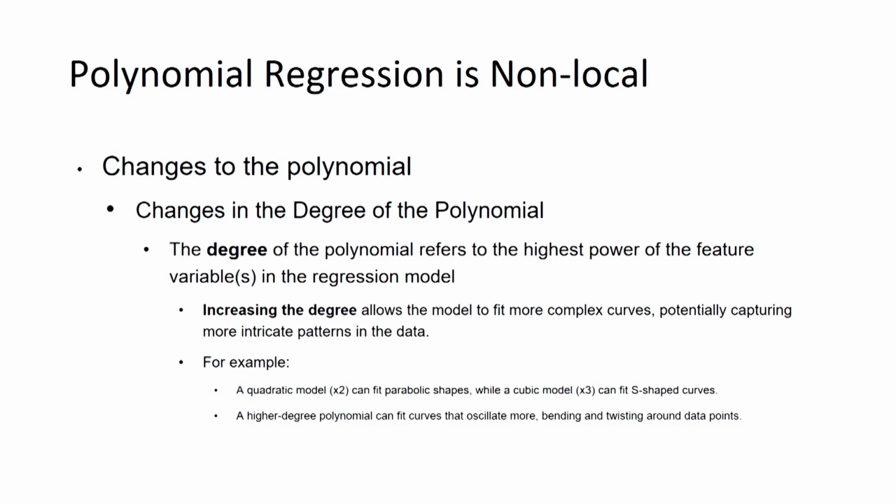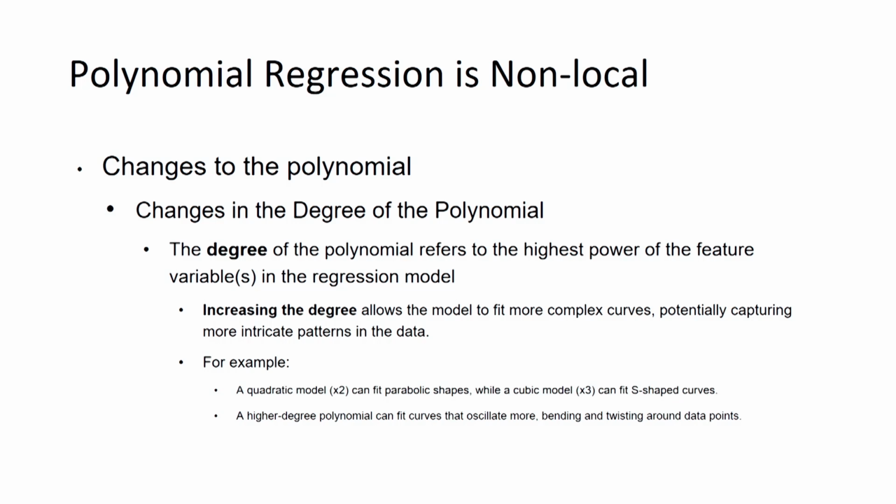So if we increase the degree, the shape of the curve changes again, and because of that your model is totally changing, and your predictions are now getting changed.